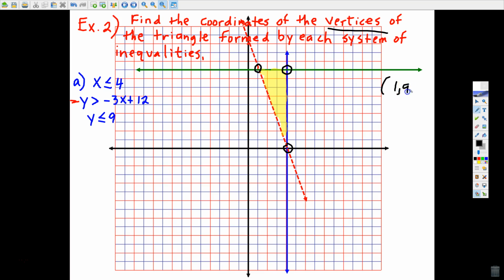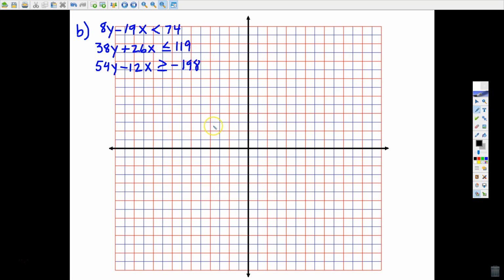It's a vertex. We have 4, 9. And then we've got this point down here at 4, 0. All right, so we've basically finished this problem. We've named the vertices, and you've got a couple like this that you will be doing. And let's try this one.